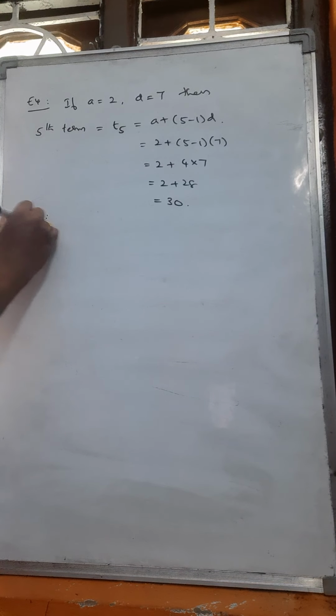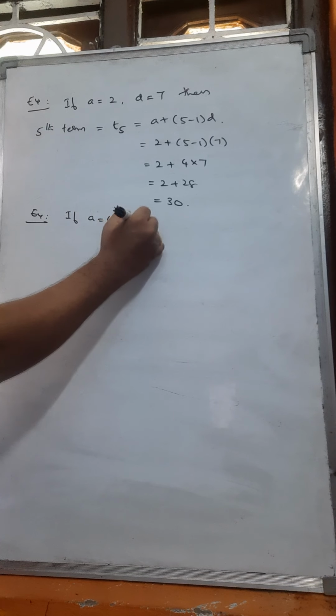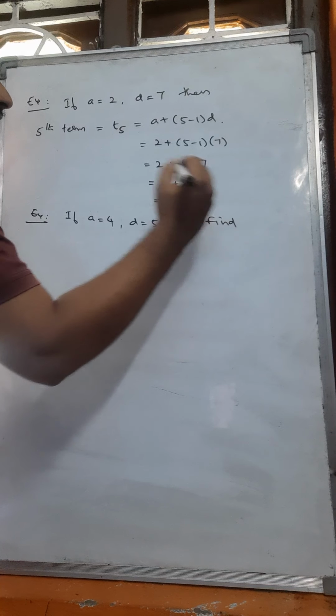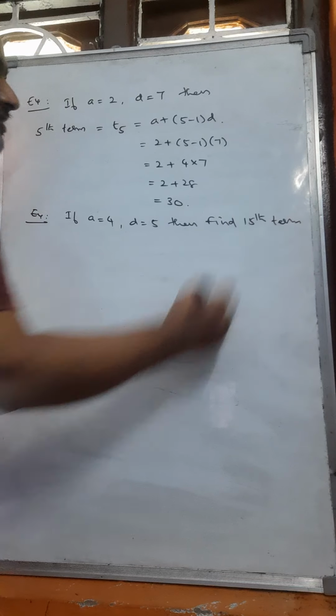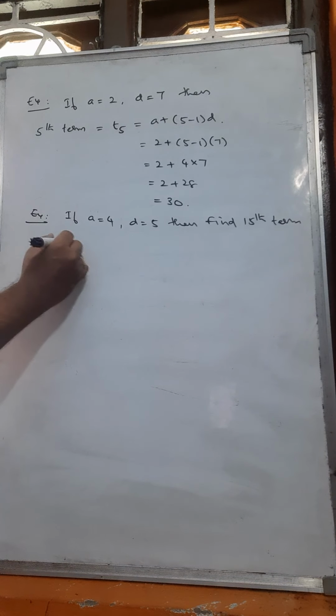Now example 2: if A is equal to 4, D is equal to 5, then find the 15th term. The 15th term is denoted by T15.